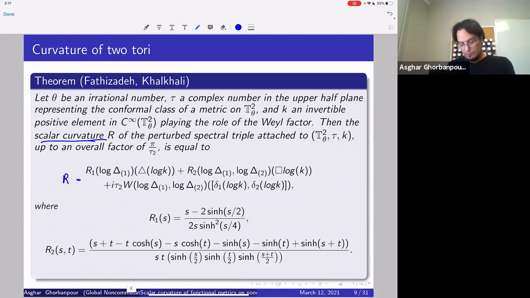If you look at the computations, the way it was written is a very genius idea: it was written in terms of the modular operator, the log of that, and the commutator of elements with that. But the point was that the whole element could be written in terms of some function of the modular operator times the conformal factor, or a function of the conformal factor, and another function.